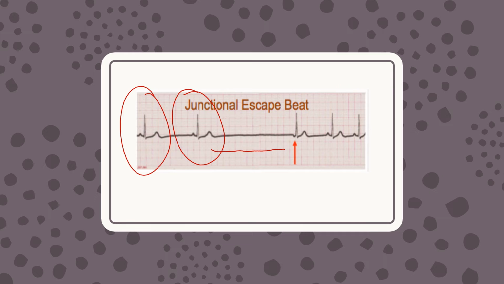Additionally, there's no P wave, or if you want to call that tiny little thing a P wave, you can, but it's inverted and it's way too close to the QRS. So there's a PR interval less than 0.12. So what you have here is probably a sinus. Over here it almost looks like a sinus Brady. Here it looks like a sinus rhythm rate-wise. A sinus rhythm with an escape junctional beat.